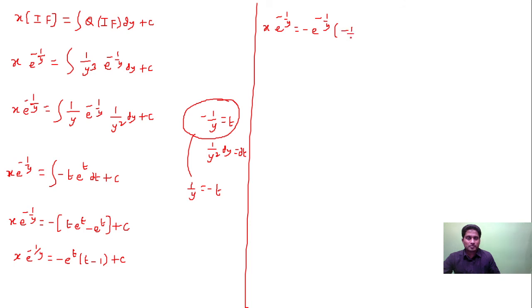So x into e to the power of minus 1 by y is equal to e power minus 1 by y, 1 upon y plus 1, and plus c.